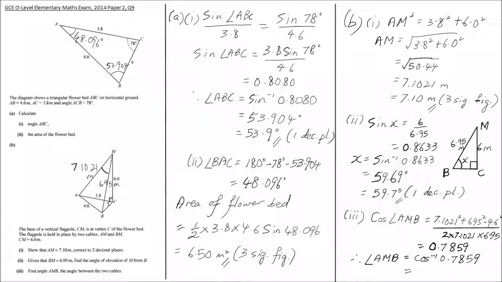That will give us 38.2 degrees, again to 1 decimal place.